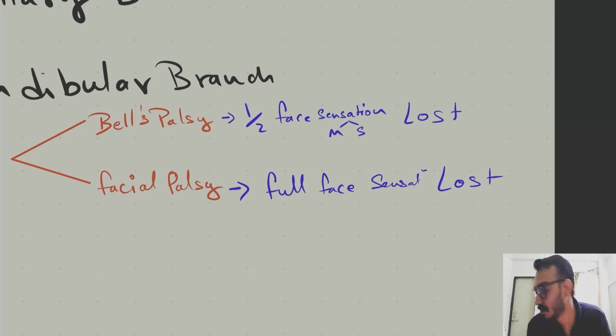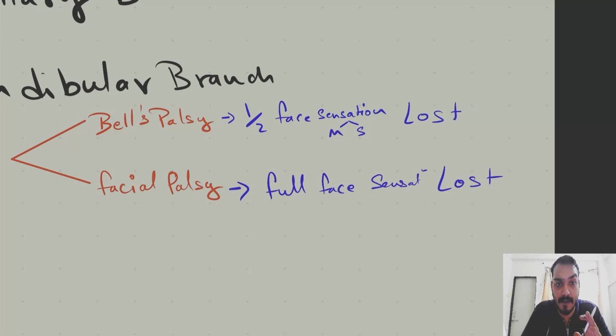How you will find out, guys? You will find out while telling the patient, put your eyebrows up. If patient is able to put his both eyebrows up, that means he is not having any kind of facial nerve deformity, mota-moti.